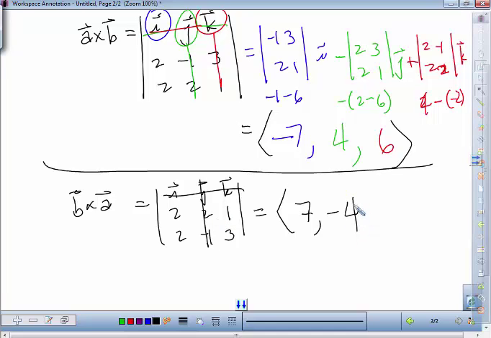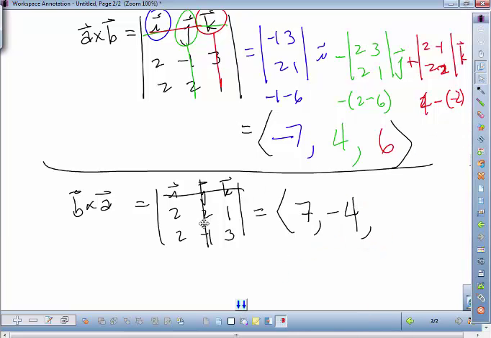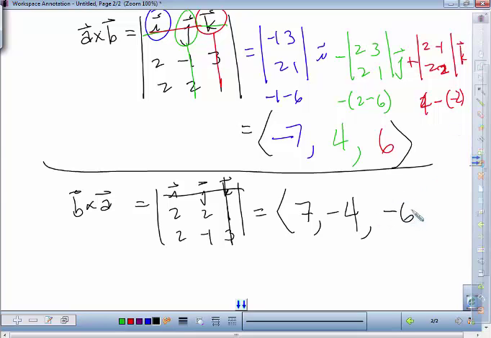With my negative sign. And then the last step, in my K direction, I have negative 2 minus 4. Okay?